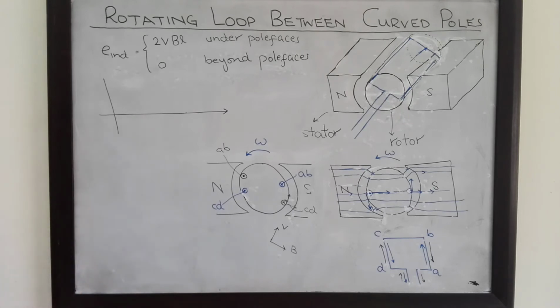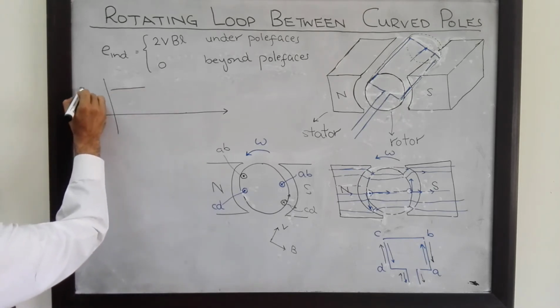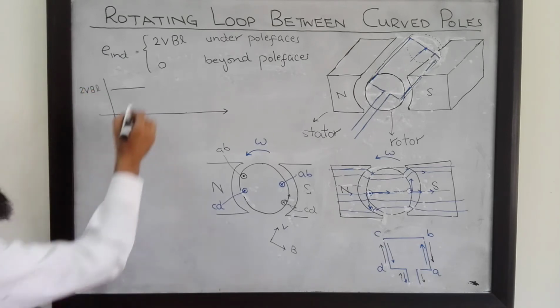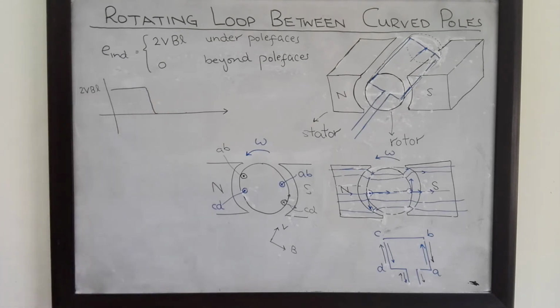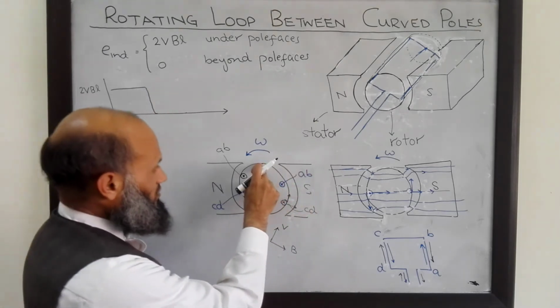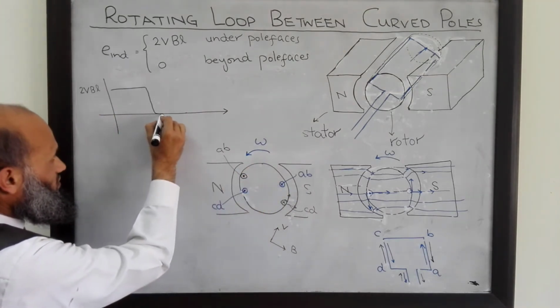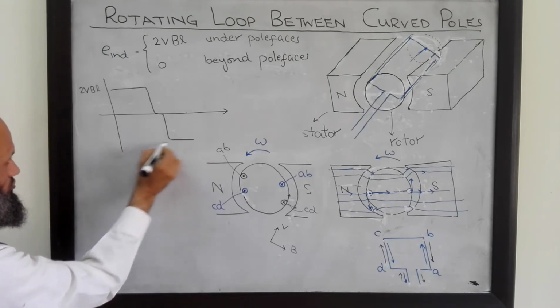When conductors are under pole faces, induced voltage is 2VBL, and when conductors move beyond pole faces, induced voltage becomes 0. After this situation, the polarity of induced voltage is reversed and it becomes minus 2VBL.